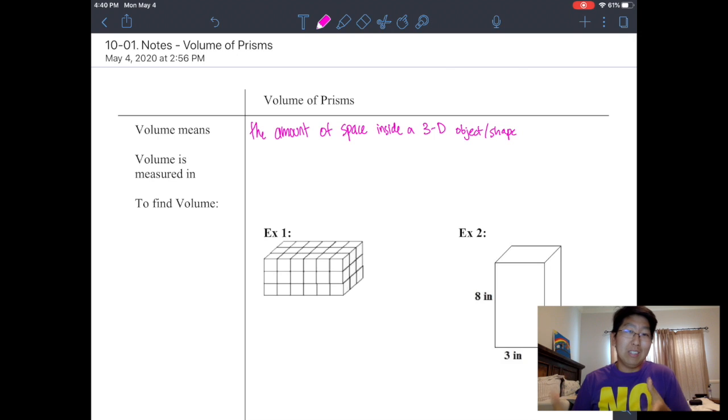How much space is inside that shape? You could also think of drinks, like your milk carton in your fridge maybe, or orange juice, or some soda inside a can. How much space is inside of that? So volume is asking for the amount of space inside a three-dimensional object.